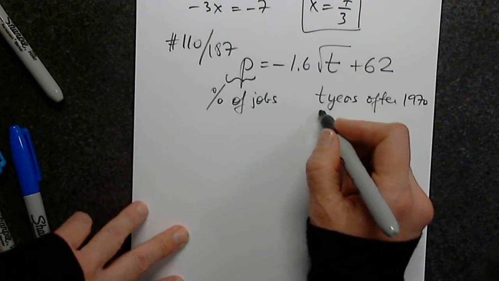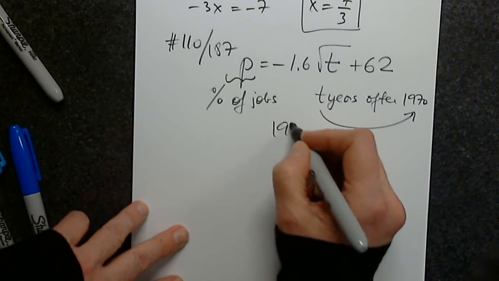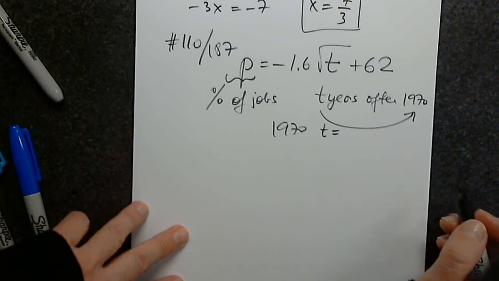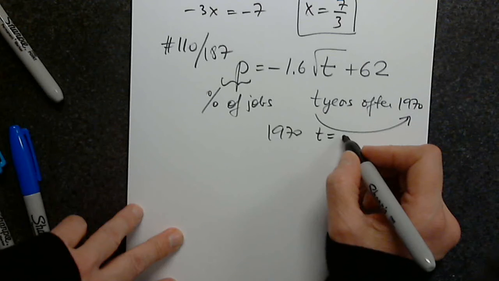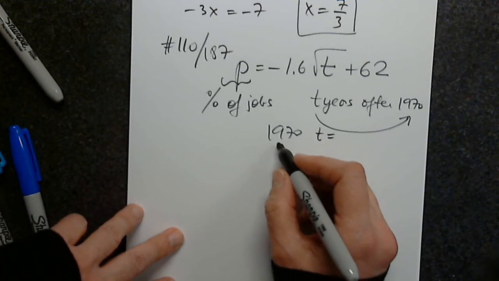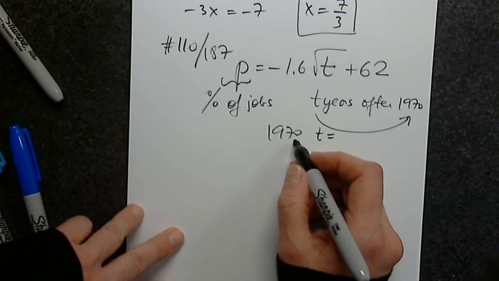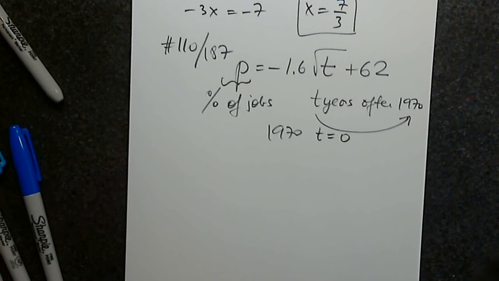What does T represent for 1970 then? 1970 has T equals what? For somebody born in 1970, how old is that person in 1970? Exactly. So then 1971 will be 1 year since 1970, 1972 will be 2 years since 1970, and so on and so forth. So these are the notes from the first sentence.